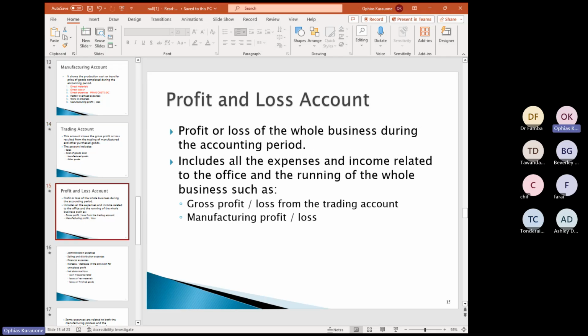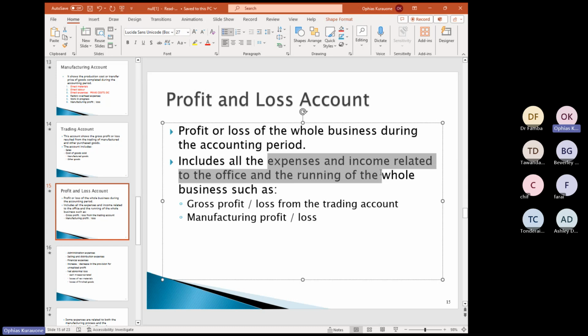Profit and loss of the whole business includes all the expenses and income related to the office and the running of the whole business, such as gross profit or loss from the trading account and the manufacturing profit or loss.